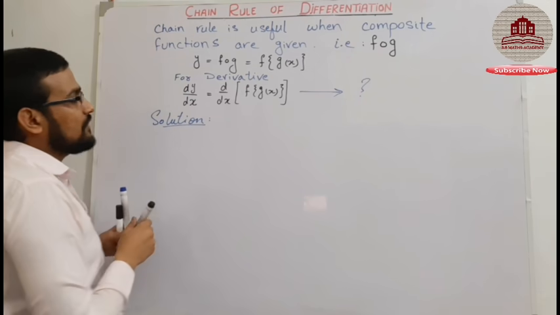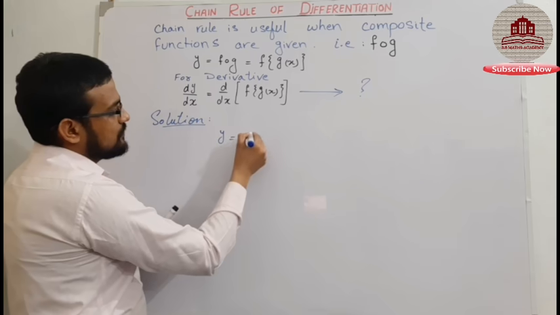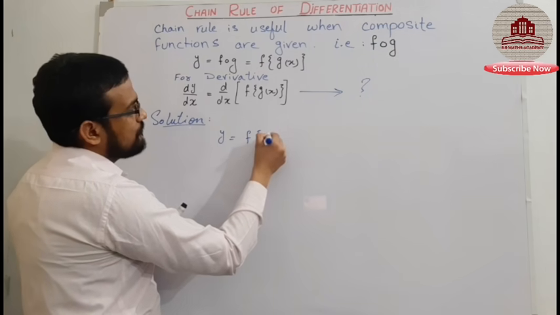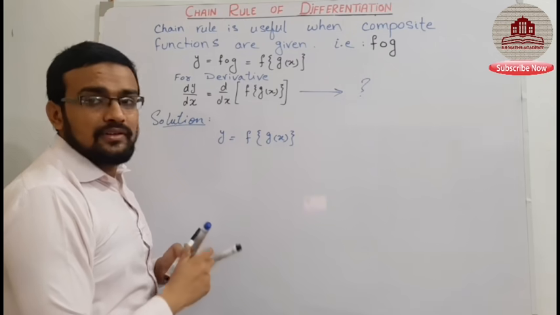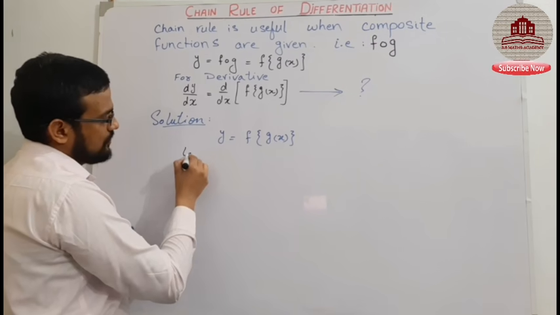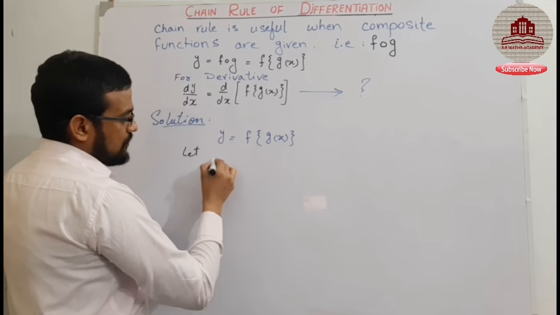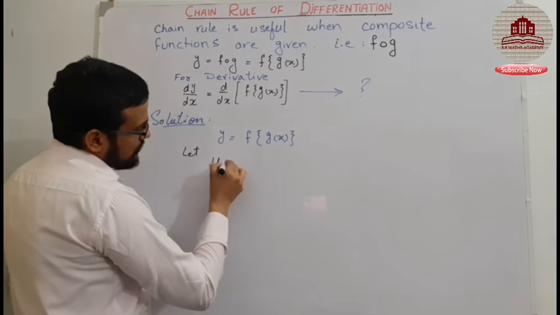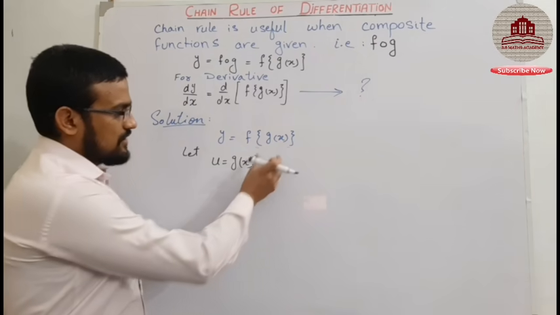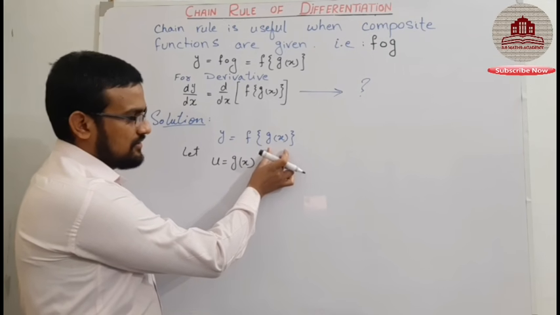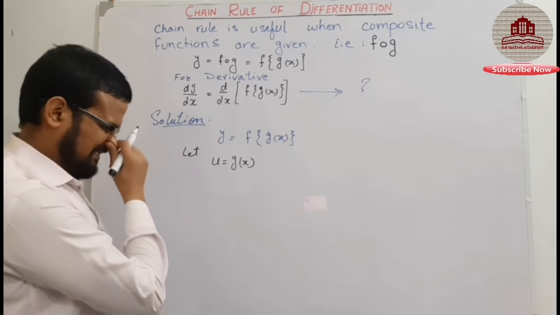Solution: if y is equal to f of g of x is given, then you can let u is equal to g of x, this one, the inside function, and you can let this function any variable.